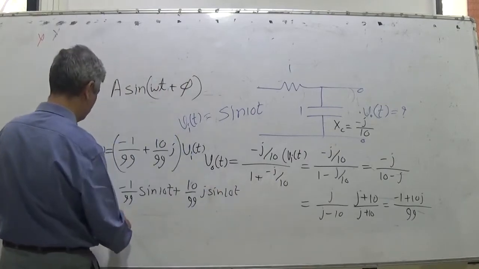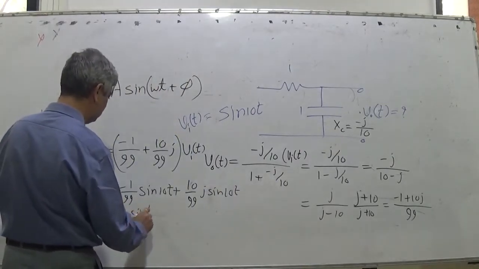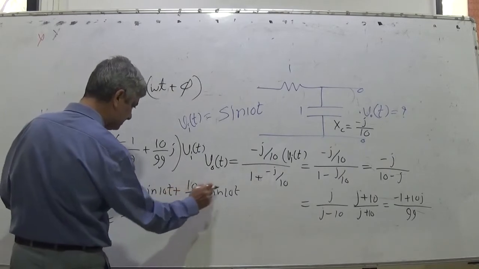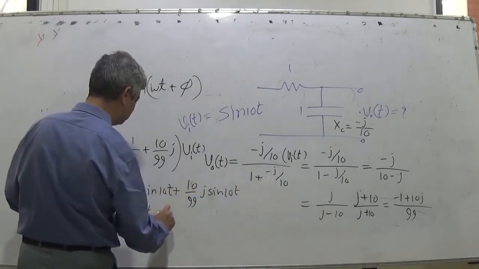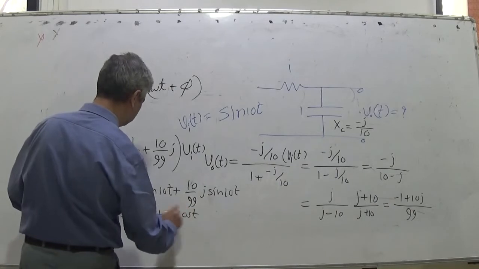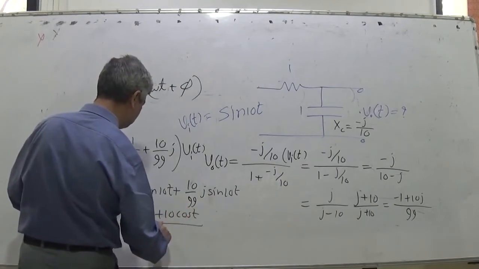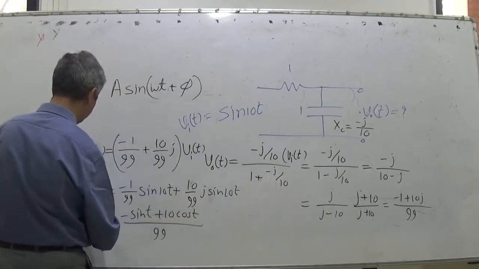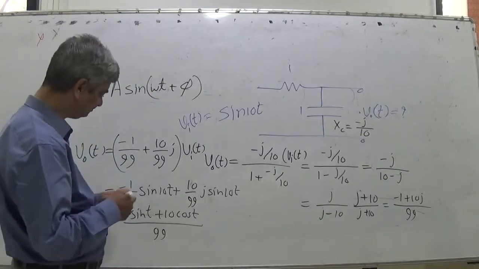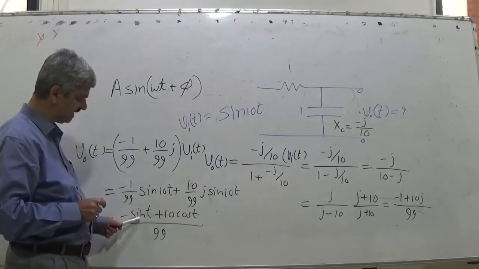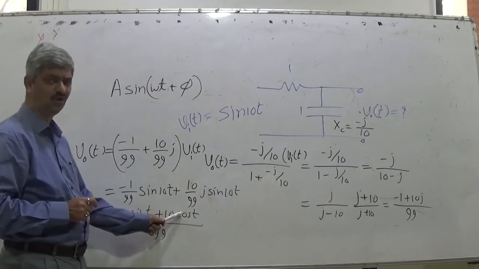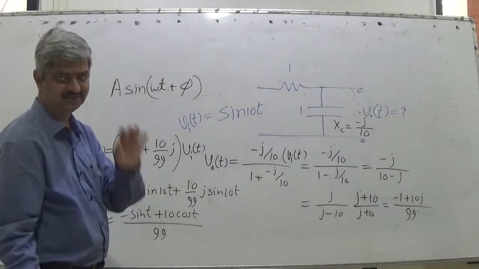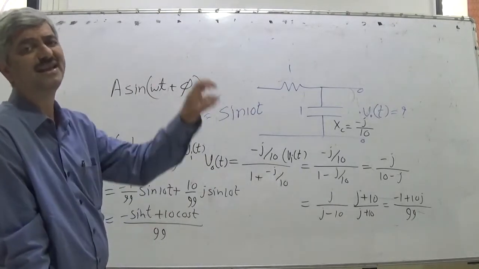So that is minus sin 10t plus 10 cos 10t upon 99, since j sin t is cos t. And now, minus 10 sin t plus 10 cos t is something sin of t plus something.